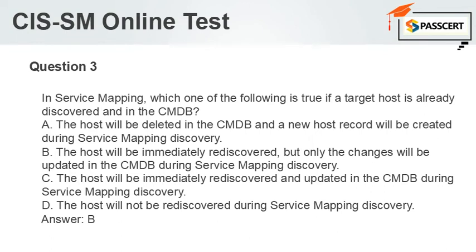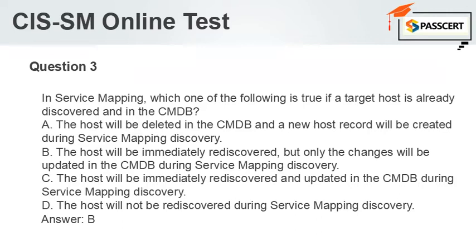Question 3. In service mapping, which one of the following is true if a target host is already discovered and in the CMDB? A. The host will be deleted in the CMDB and a new host record will be created during service mapping discovery.